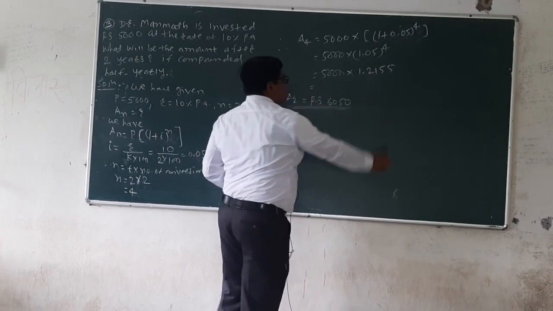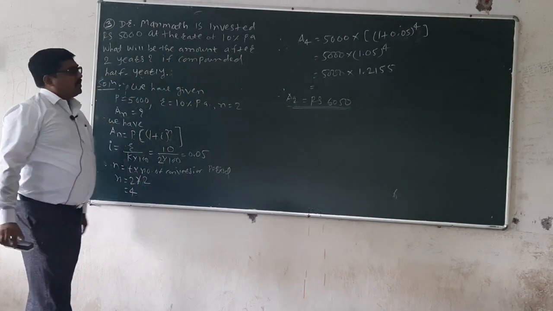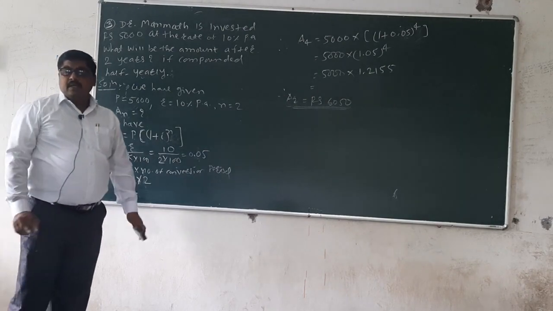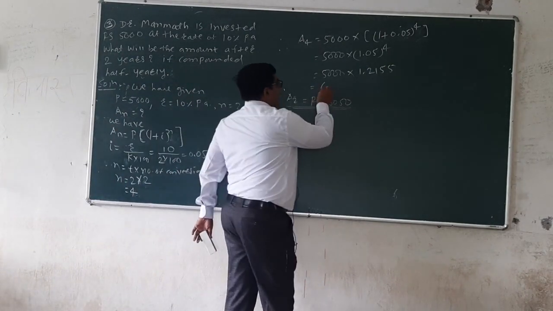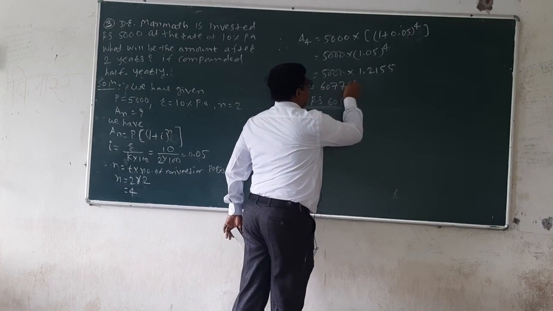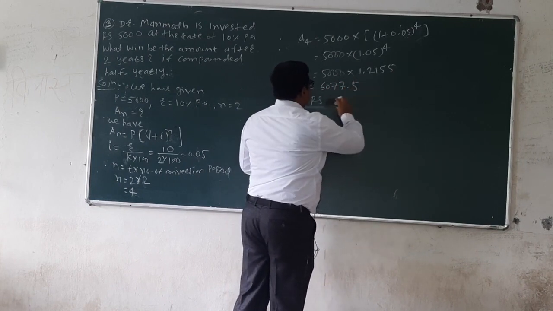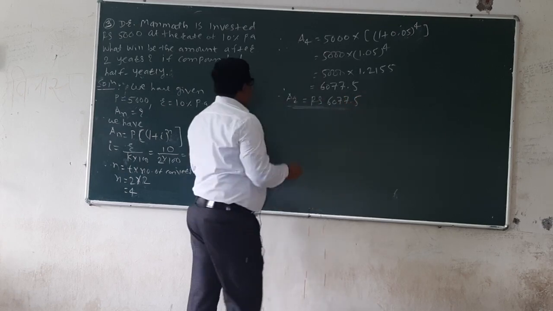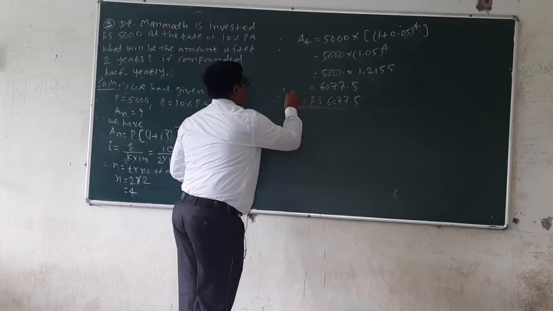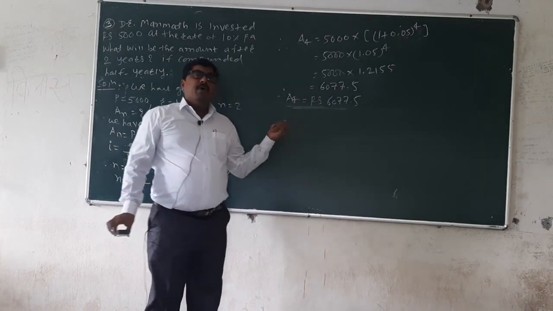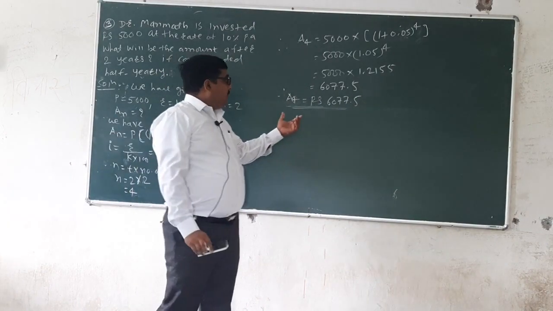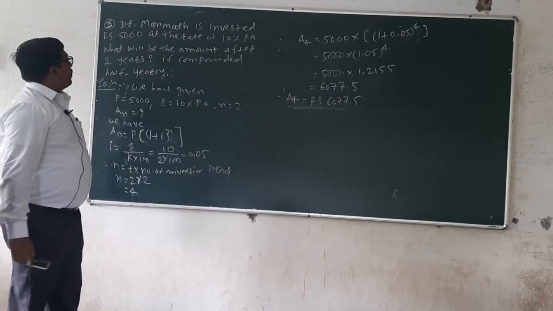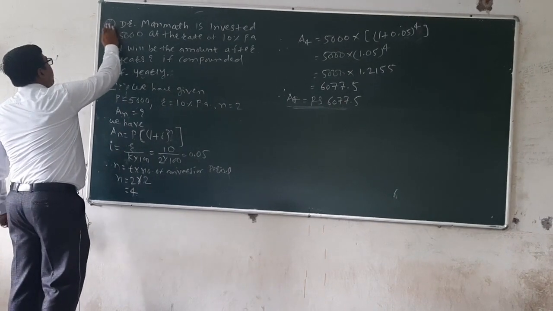This can be written as 5000 into 1.2155, which is 6077.5. So rupees 6077.5 is your A4, the amount at the end of the 4th payment period. Now come to the 4th problem.